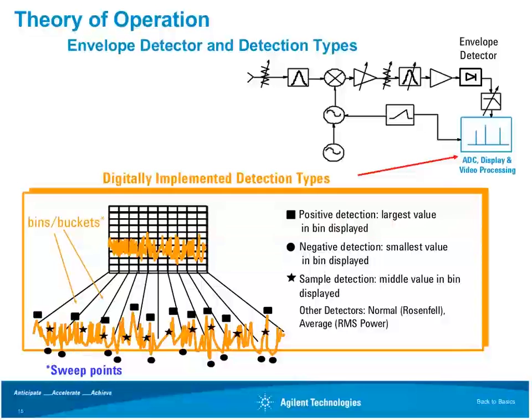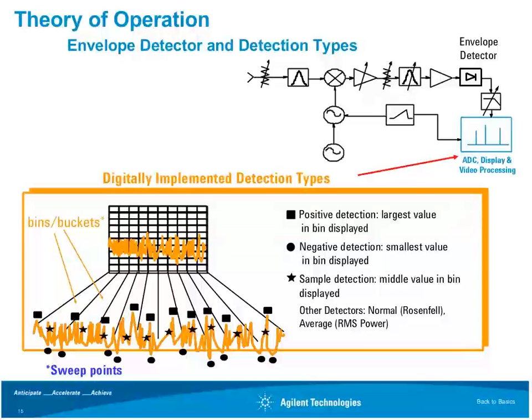It can be anywhere from just a very small number, 20 or 50 points, all the way up to 40,000 points. But nevertheless, each one of those buckets represents a tiny slice of frequency. And so for each one of those, if we were to pick the largest value that occurred in that tiny frequency slice, that would be what we call positive peak detection.